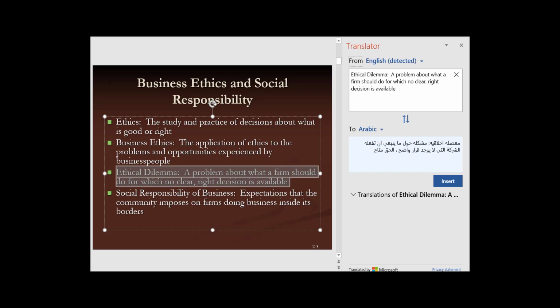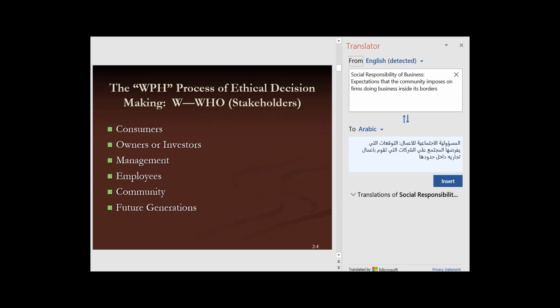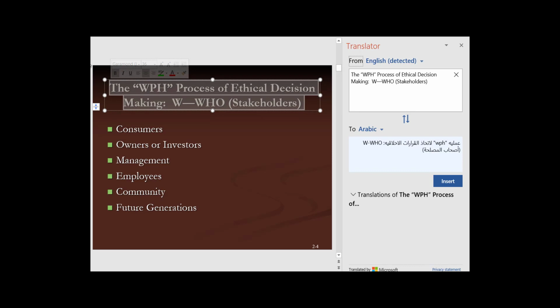The short answer also is going to give you something like this. As short answers, they might ask you the WPH process, making decisions. So it's also the kind of multiple choice questions that they give in the past.